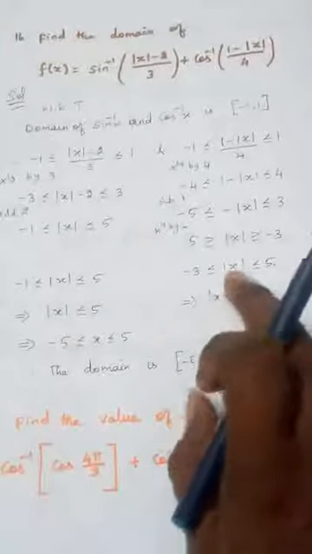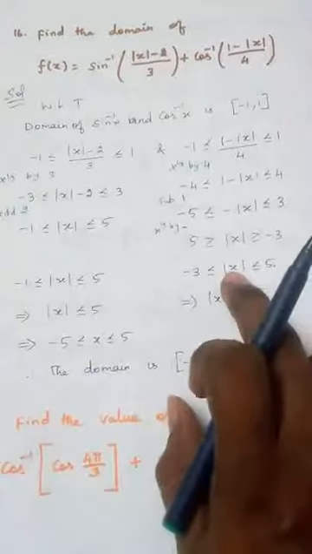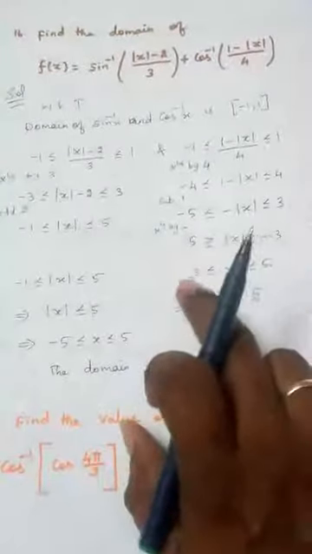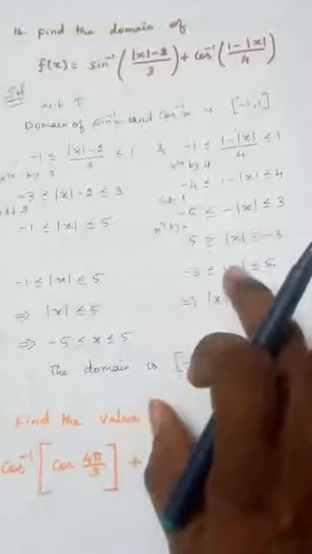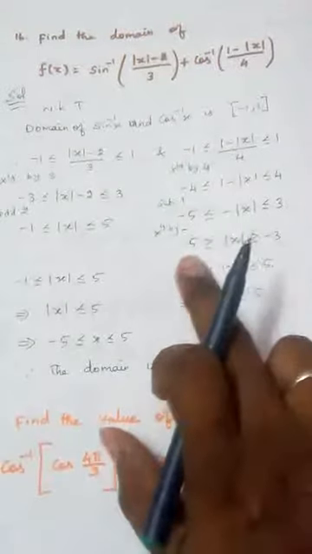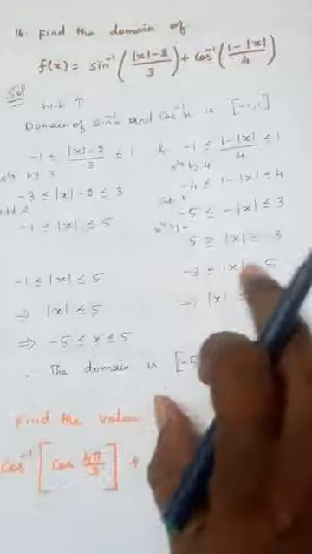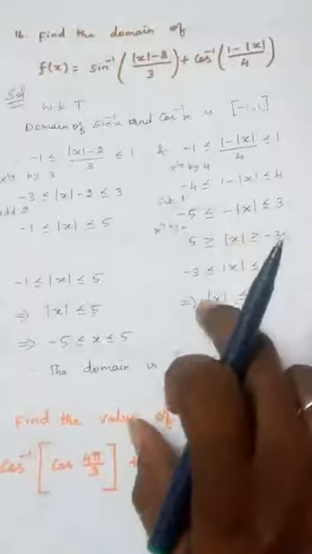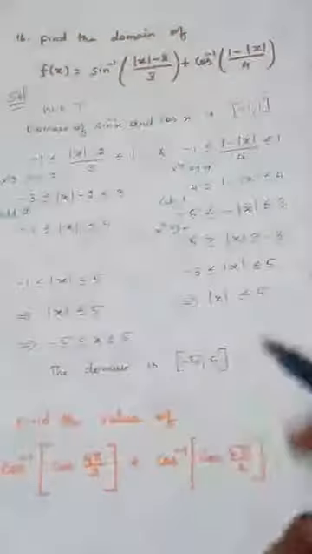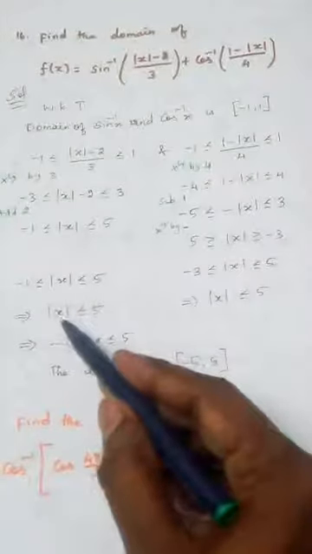In the same way, modulus x is always greater than minus 3, so no problem in this. Only it should satisfy the condition modulus x less than or equal to 5. So in both ways the condition is the same, and I am taking only this condition here.